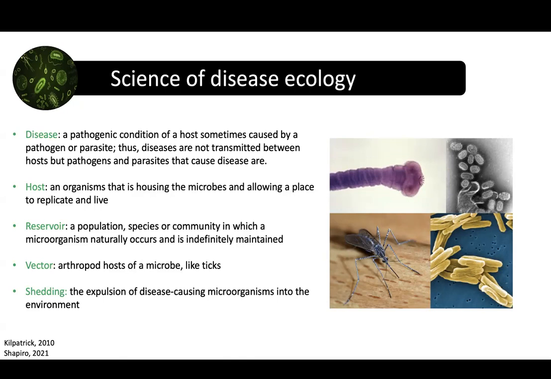But reservoir is defined as a population, species, or community in which the microorganism naturally occurs and is indefinitely maintained. This is one of the terms that is abused a bit when talking about disease ecology.